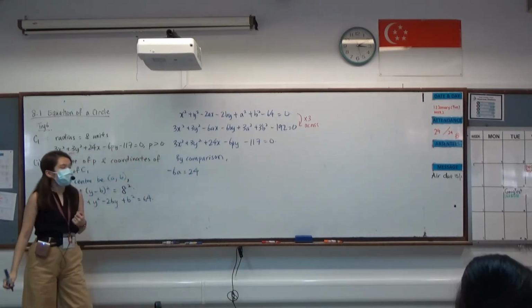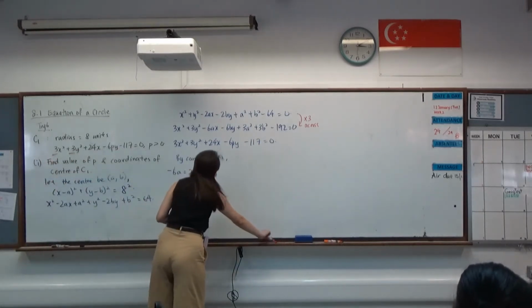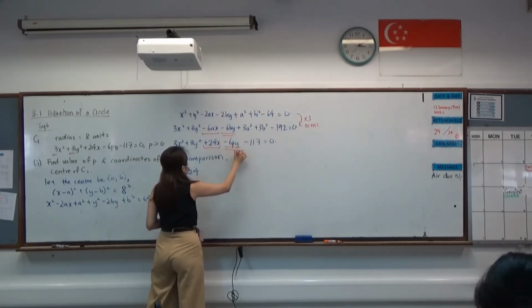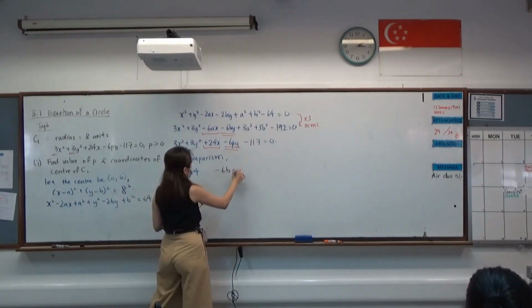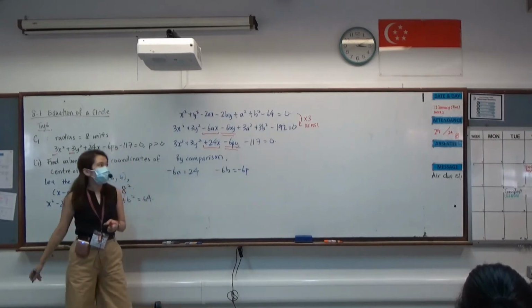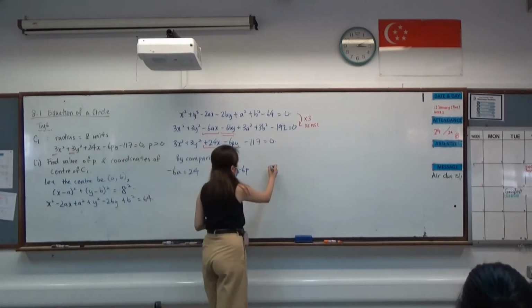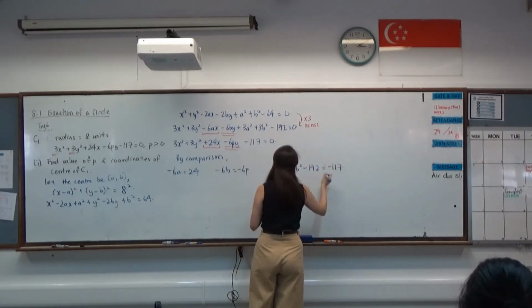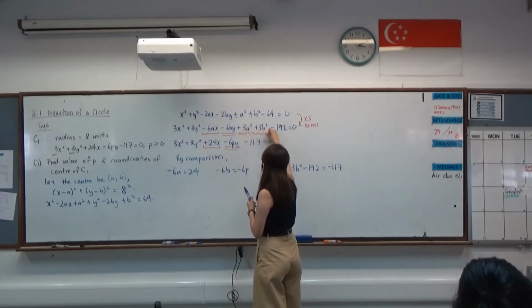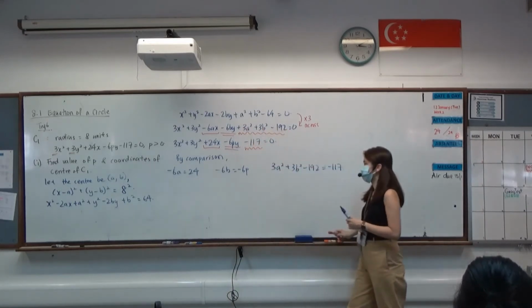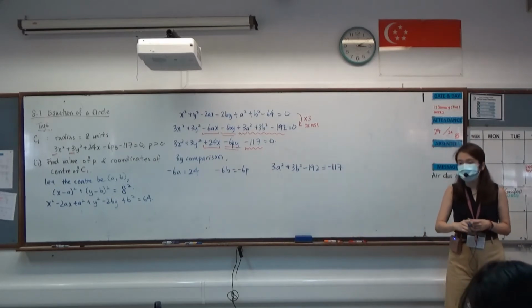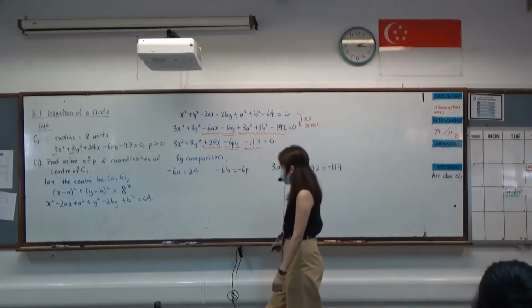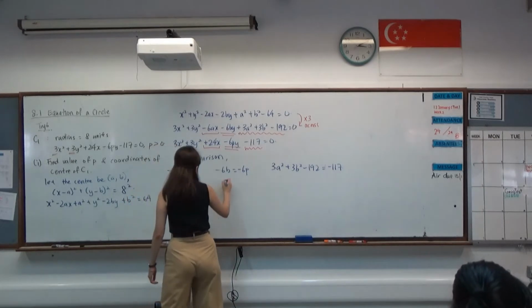We find that negative 6a is 24. Negative 6b is equals to negative 6p, which may not be very helpful. And we also see that 3a squared plus 3b squared minus 192 equals to negative 117. Okay, so from the first one we see that a would be equals to negative 4, b is equals to p.